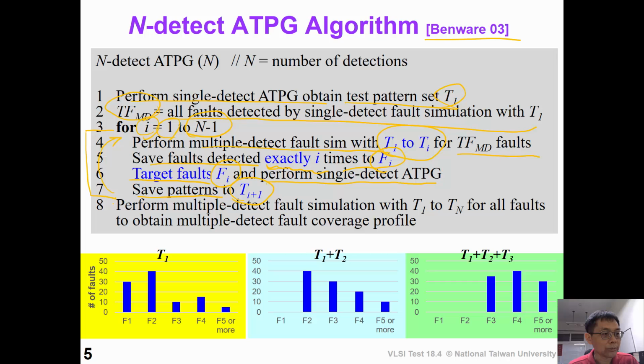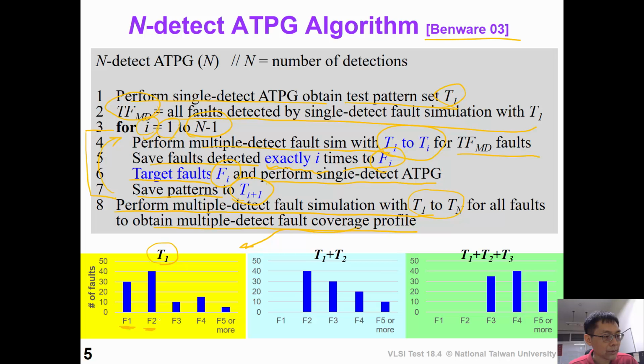Finally, out of this loop, we perform multiple detect fault simulation from T1 to Tn for all the faults, and we can obtain a multiple detect fault coverage profile, which is illustrated in the following picture. Suppose this is a fault coverage profile of T1, where F1 is the fault list containing the faults that are detected only once.